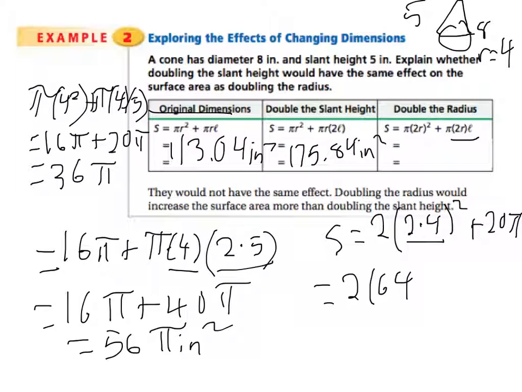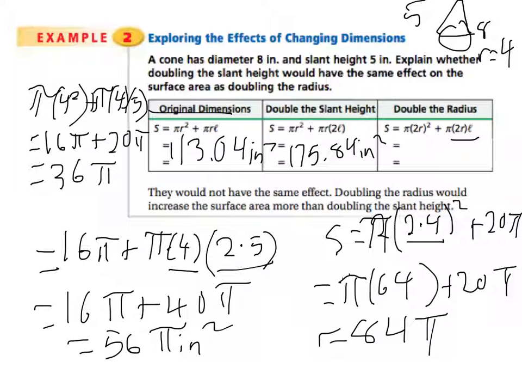It should be, where is it supposed to be? Oh, right here. This is pi, actually. So this should be pi. So 64 pi plus 20 pi. And that's going to get us 84 pi. 84 pi is, again, 84 times 3.14. So that's 263.76, which is about double our original.